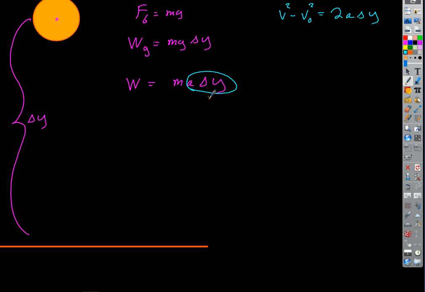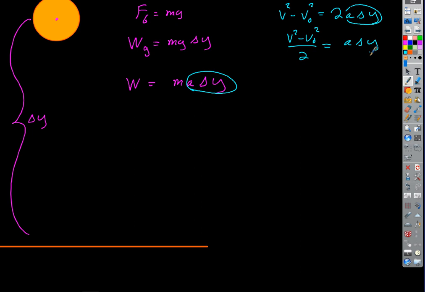So if we wanted to isolate that, all I'm going to do is divide each side by 2. Then we end up with v squared minus v naught squared over 2 equals a delta y, right?